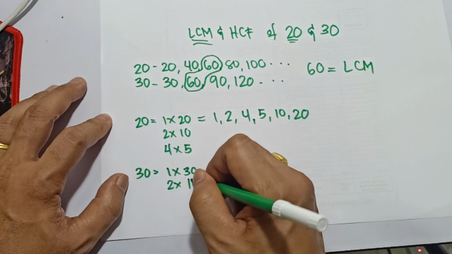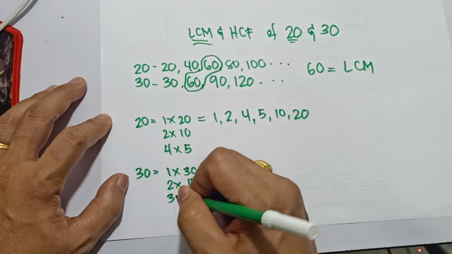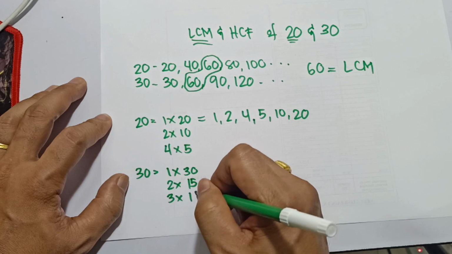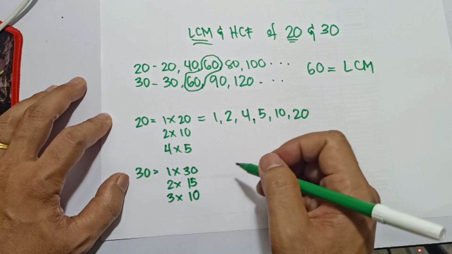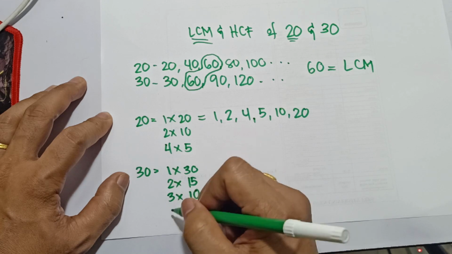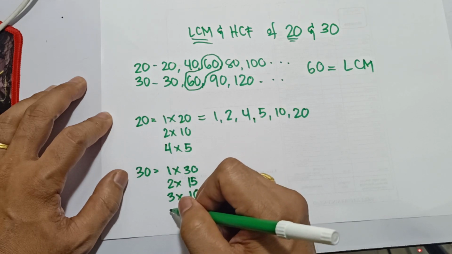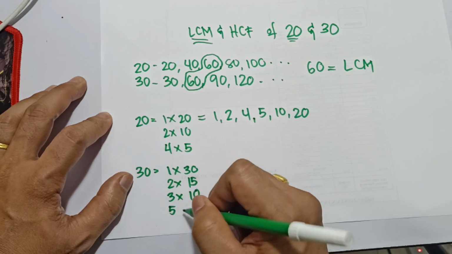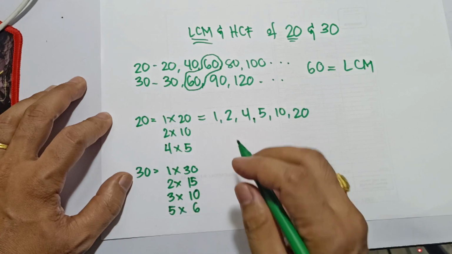While the factors of 30 are, so we have 1 times 30, 2 times 15, 3 times 10, and then 4, we cannot use 4, so we can use 5 times 6.